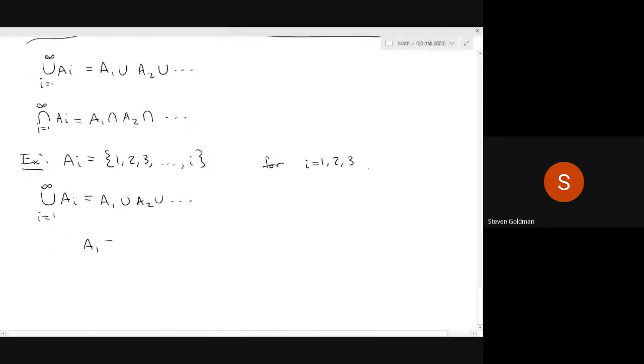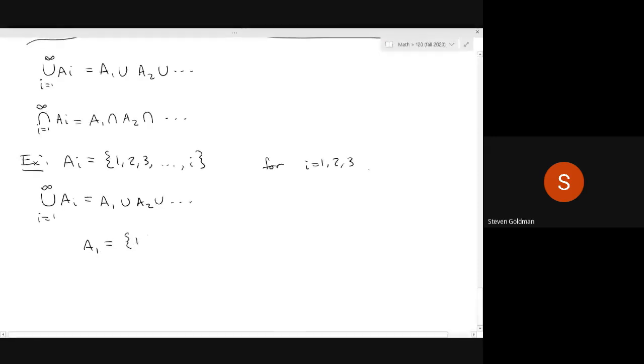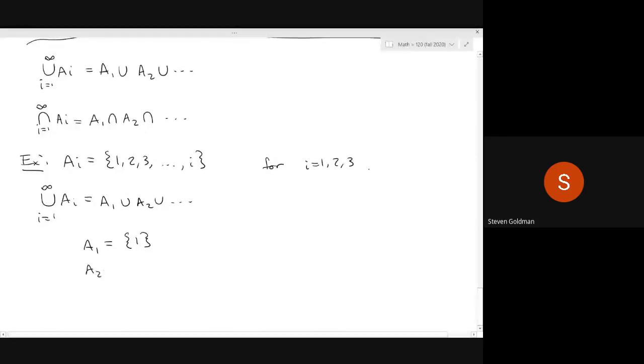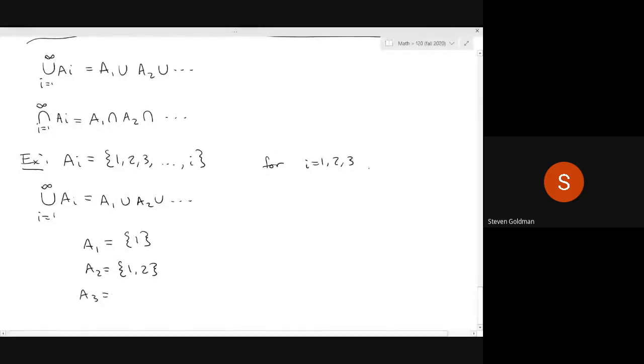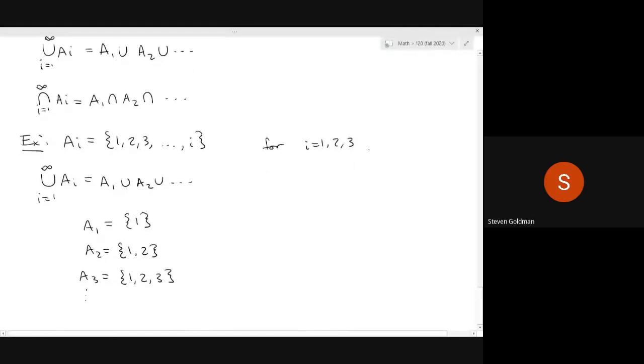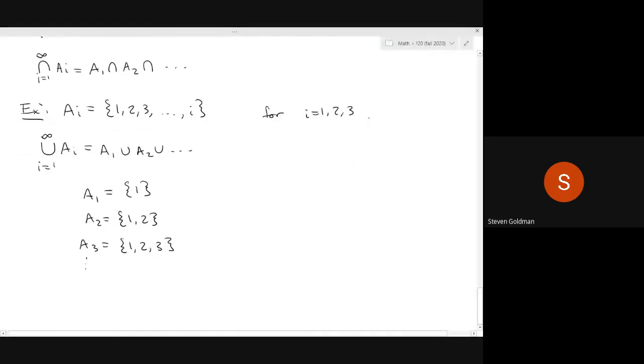Let's take a moment and look at each set. What is A sub 1? If I equals 1, then A sub 1 is just the set whose only element is 1. A sub 2 will be {1, 2}. A sub 3 will be {1, 2, 3}, and so on and so forth. So what would the union of all these sets be?